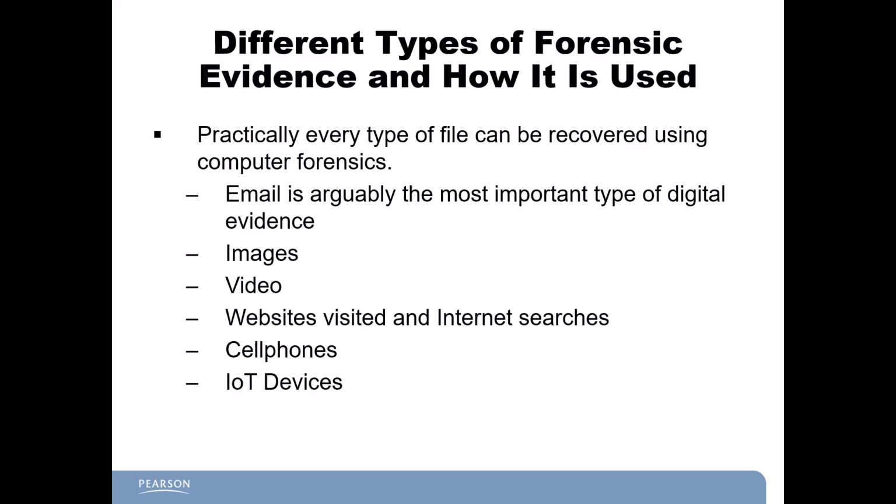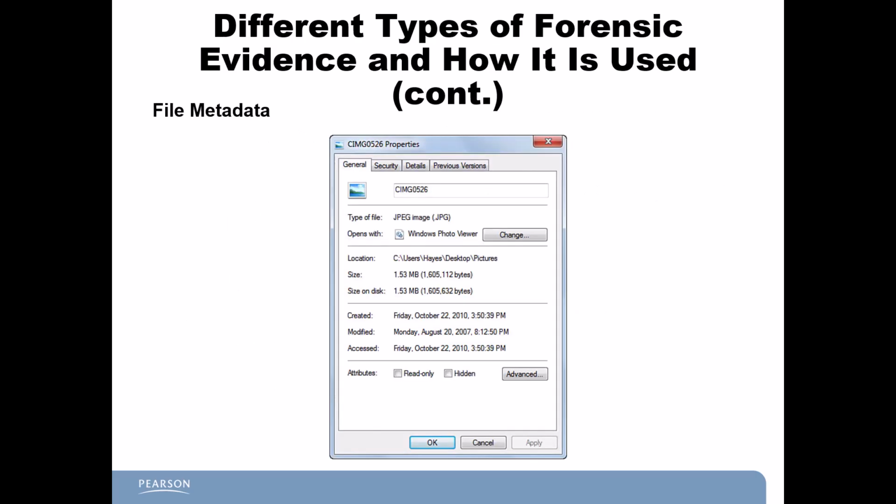So, if we're focusing on computer forensics, every compute device should have additional data called metadata. If you look at a data file, you can see when it was created, when it was modified, when it was accessed. All of those things are considered part of the metadata. What are the other attributes? Are there any specific attributes for that file?